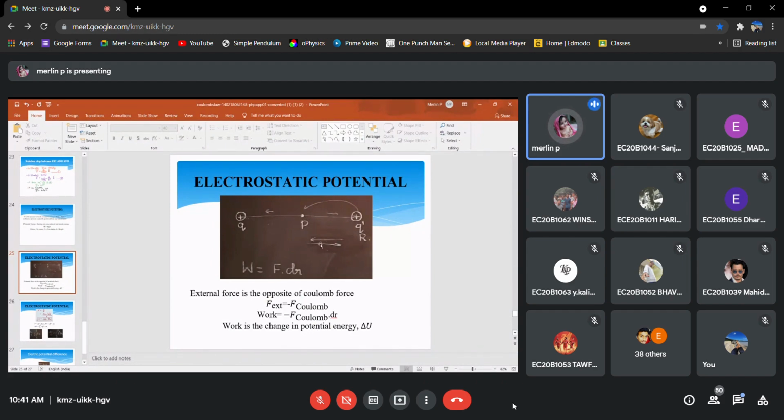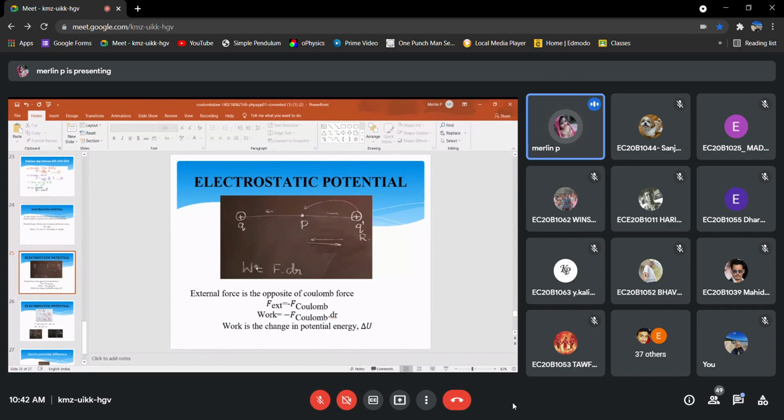We are opposing Coulomb's law. Coulomb's law tells us that if the charges are positive, they repel each other, and if the charges are different, positive and negative, they attract each other. But opposite to Coulomb's law, we are taking the positive charge near the positive charge itself. So there will be a force of repulsion, but we have to overcome it. If we move this charge to a particular point P, some work will be done.